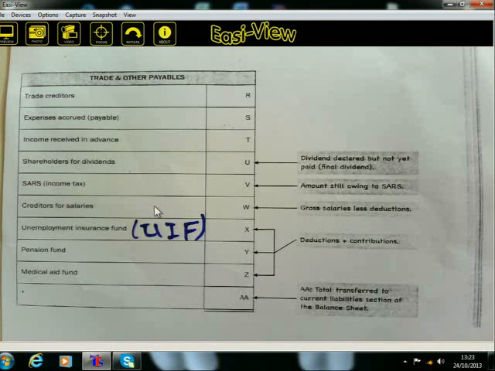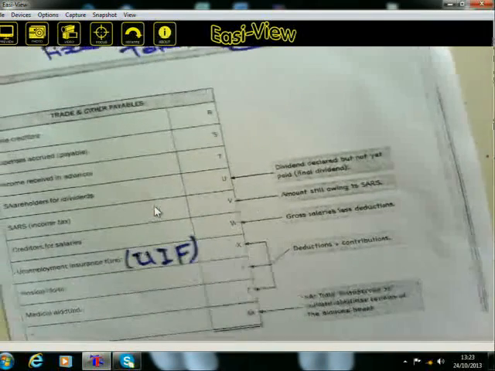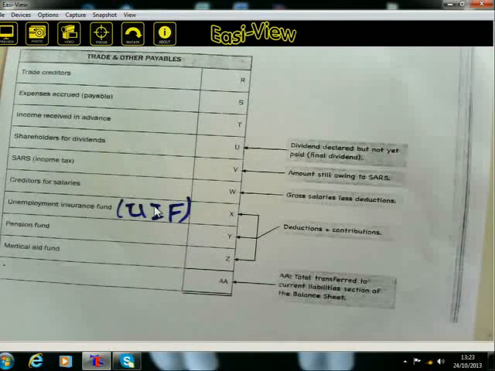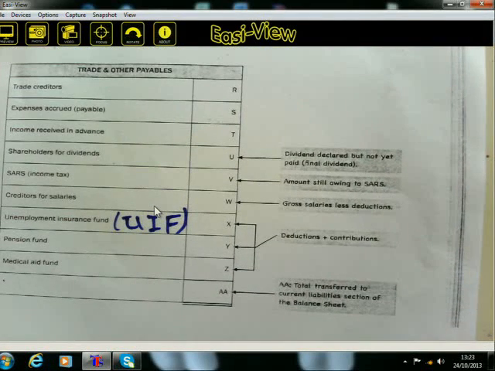Because when it comes to cash and the inventory, it's just simple. For inventory, you just take the inventory as it is from the extract, and then you add any consumable stores on hand.